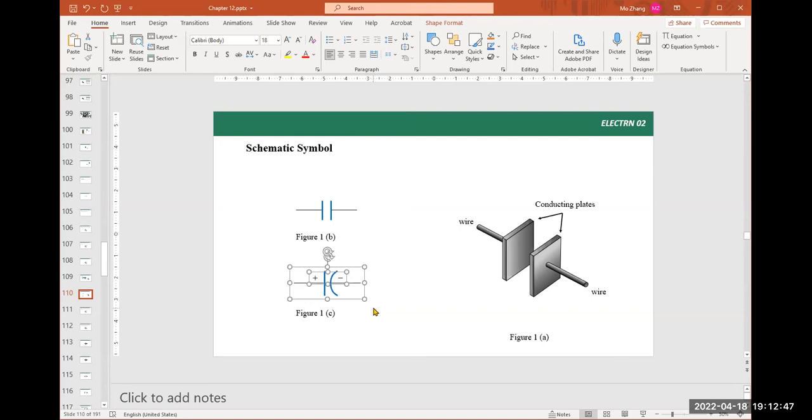If you see a circuit with that other one, it means polarity is not important, or it doesn't have polarity. If you flip it, it doesn't matter. There's no effect, and it does not get damaged.